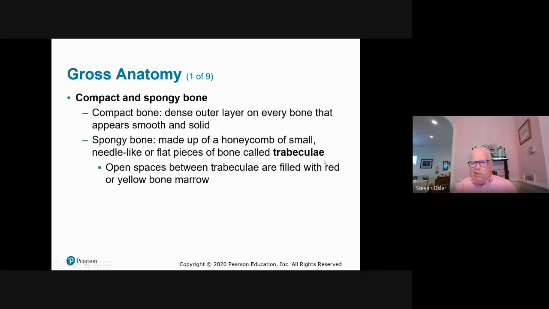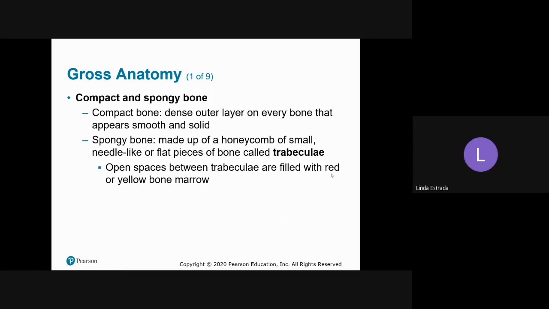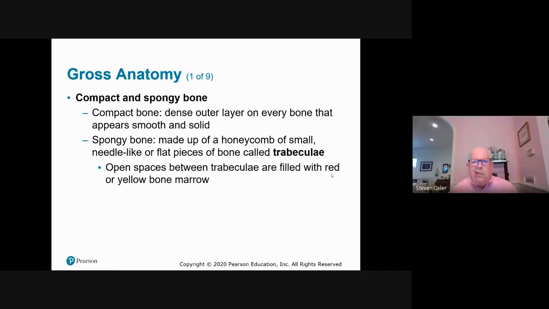Does anyone know what's in red bone marrow? Stem cells, I think. Well, your blood. Yeah, your blood. You're right. Your stem cells. That's where your blood is. Your blood is made in your bone marrow, red bone marrow. Okay?